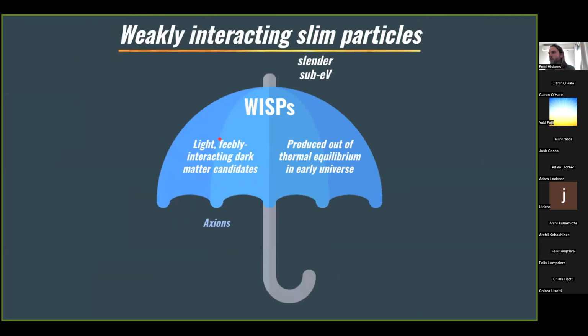And so, as Kieran said before, examples include the QCD axion, which famously provides the solution for the strong CP problem, more general axion-like particles, which share some of the interactions of axions, but don't necessarily solve the strong CP problem, and also dark or hidden photons, which are gauge bosons associated with new dark U(1) gauge groups.